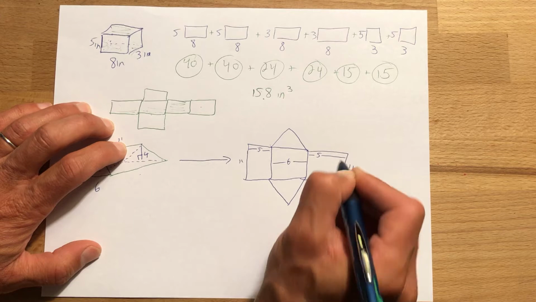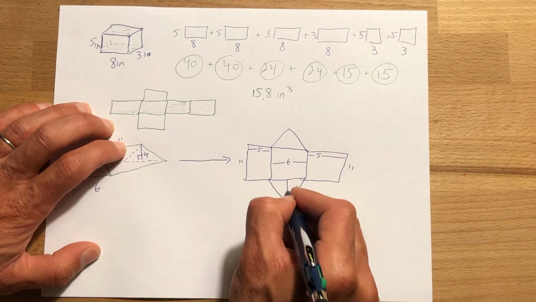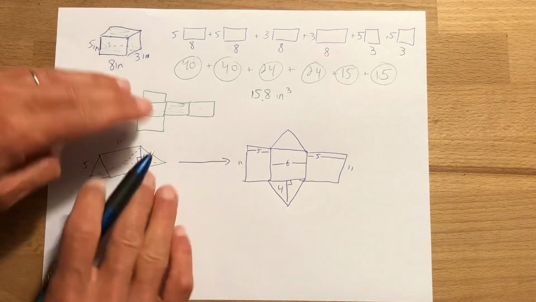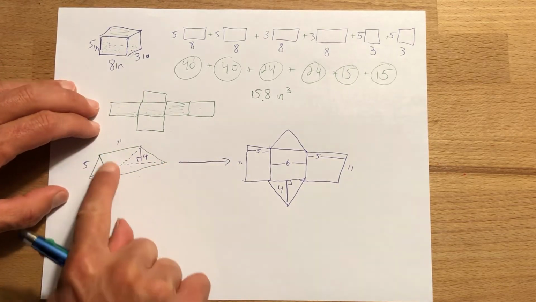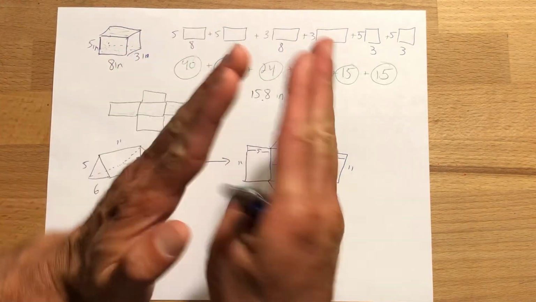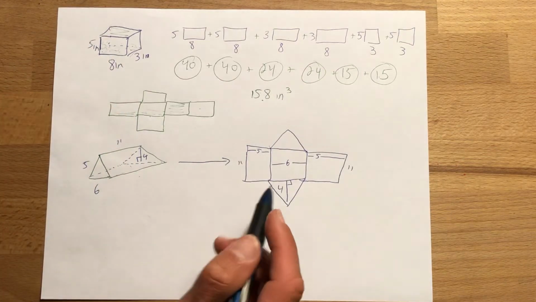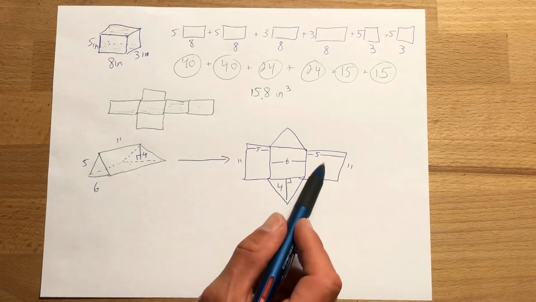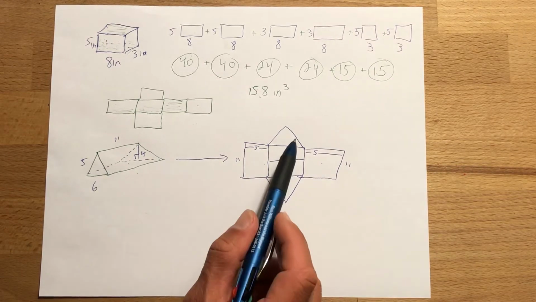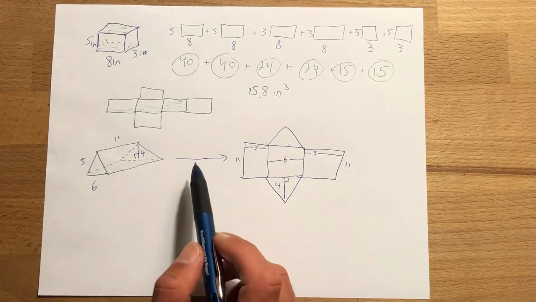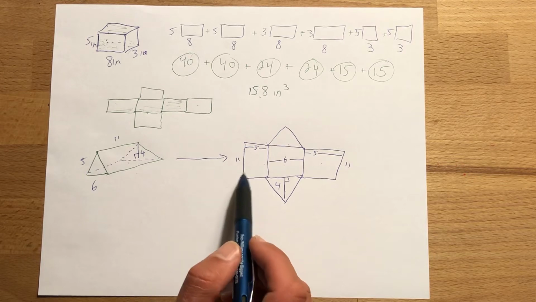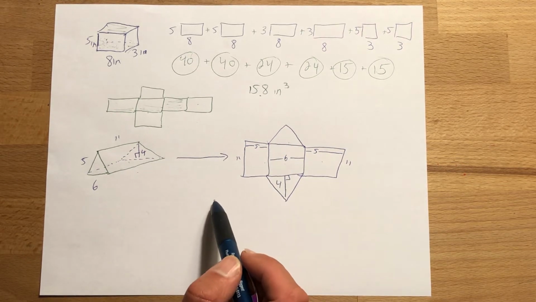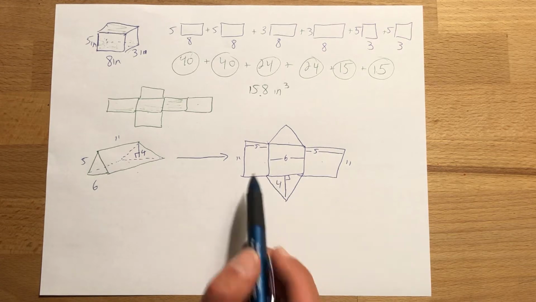This is a bad drawing, but you get the picture. And then the height of this is 4. This is if I just took these two sides here and back here and unfolded it. The reason why this is important is because now you can see, oh, I have 1, 2, 3 rectangles and 2 triangles that create this shape. So if I found the area of these 3 rectangles and these 2 triangles, I would have the total surface area of this whole shape.